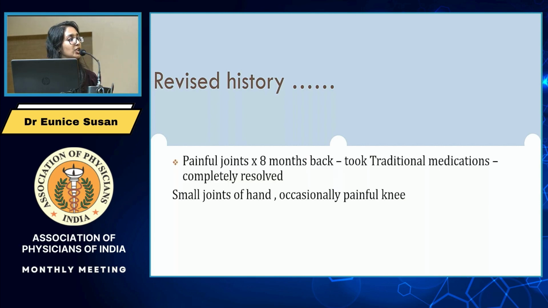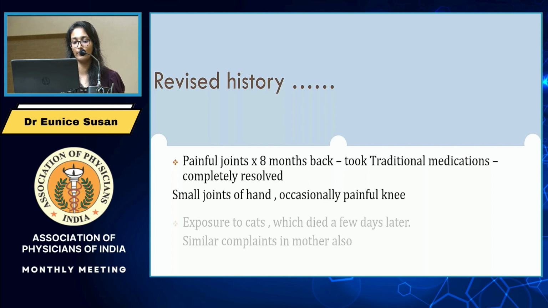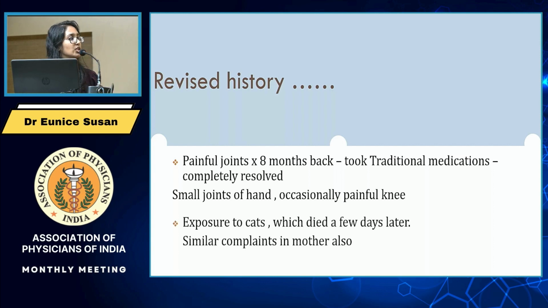One was that the patient had complaints of painful joints about 8 months back, for which she had taken traditional medicines, and the patient completely resolved. The symptoms were predominantly over the small joints of the hand and occasionally over the knee also. Another history was that she had exposure to cats. Patient had actually fostered a family of stray cats which had died a few days later, and she had similar complaints in her mother also.